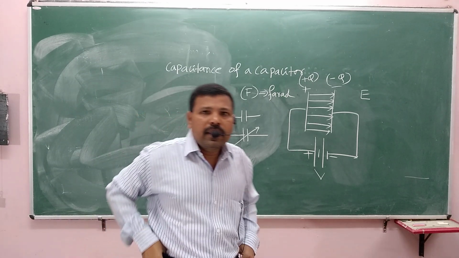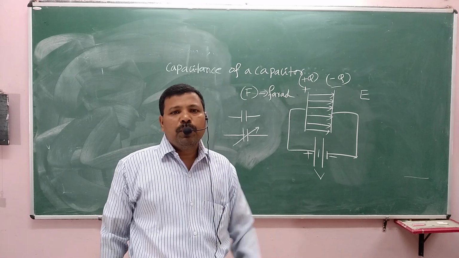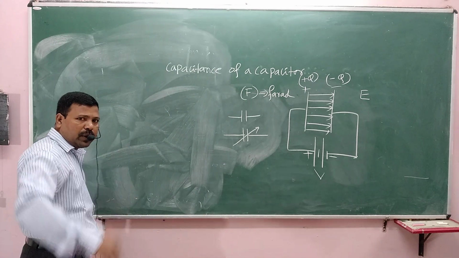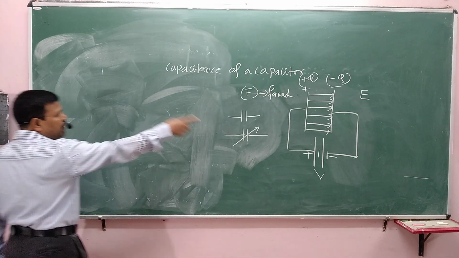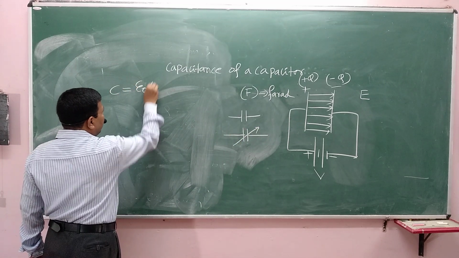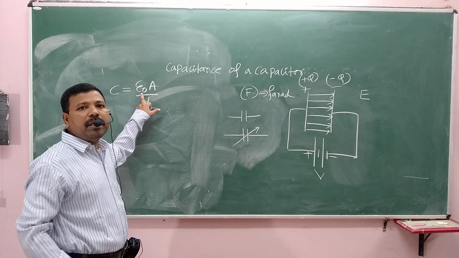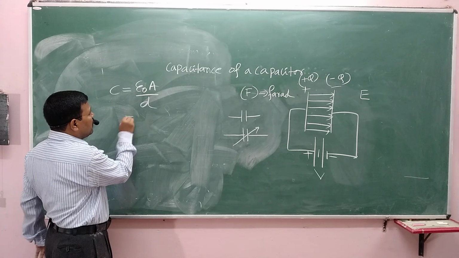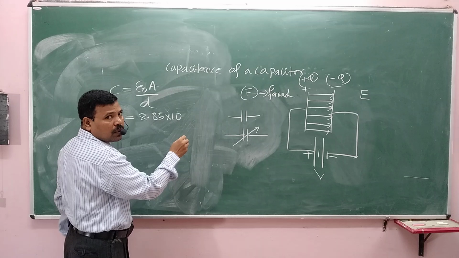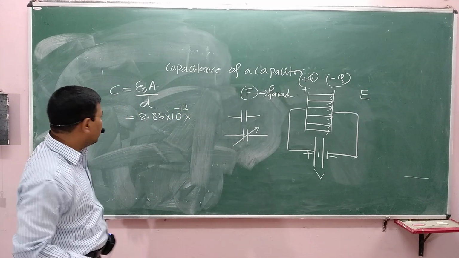This Farad is a very big unit. How to prove that 1 Farad is a big unit? We have a formula that I am going to derive shortly. The capacitance of this capacitor is equal to epsilon naught A by d. Epsilon naught is the permittivity of free space, whose value is 8.85 into 10 raised to minus 12.